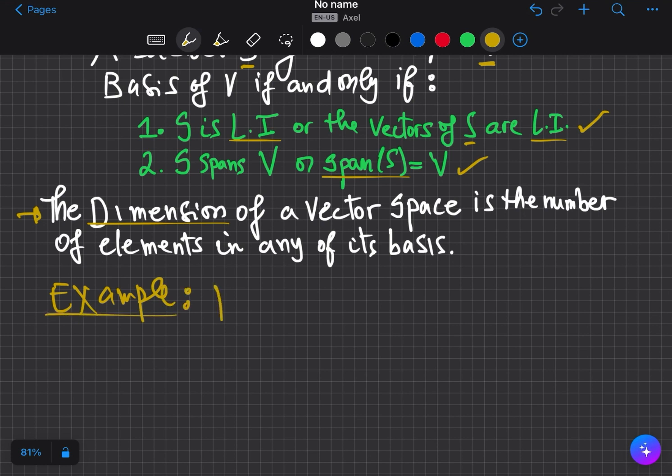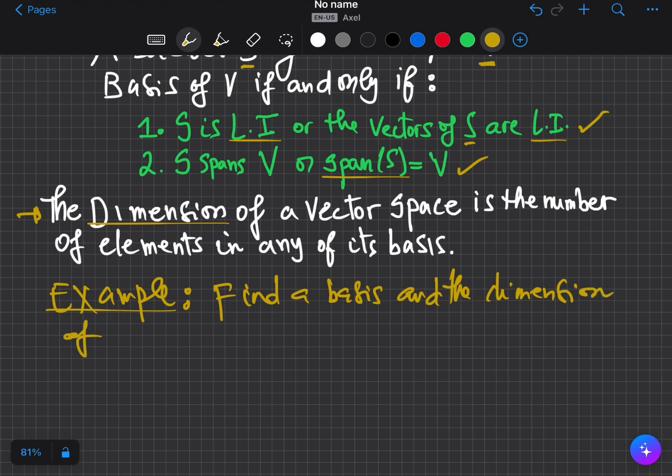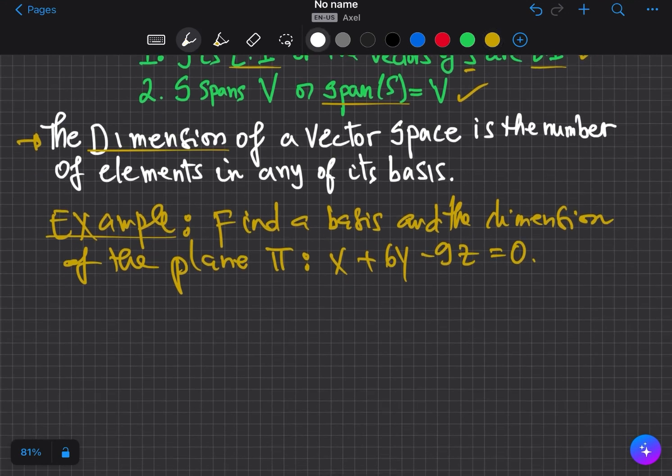Example: find a basis and the dimension of the plane pi, x plus 6y minus 9z equals 0. How do we solve that? Okay, so the first thing that we should do is write this in terms of a matrix, right?